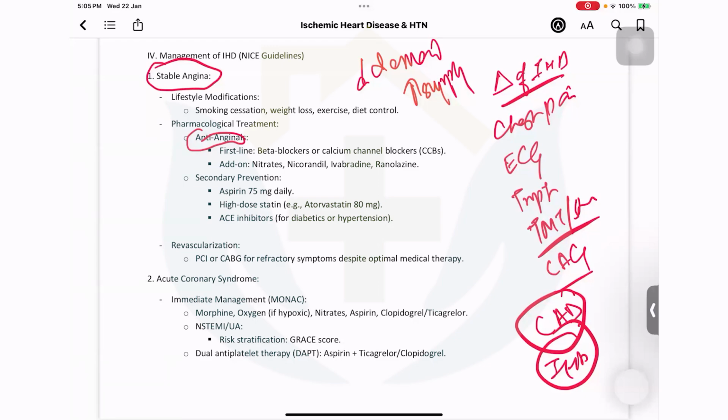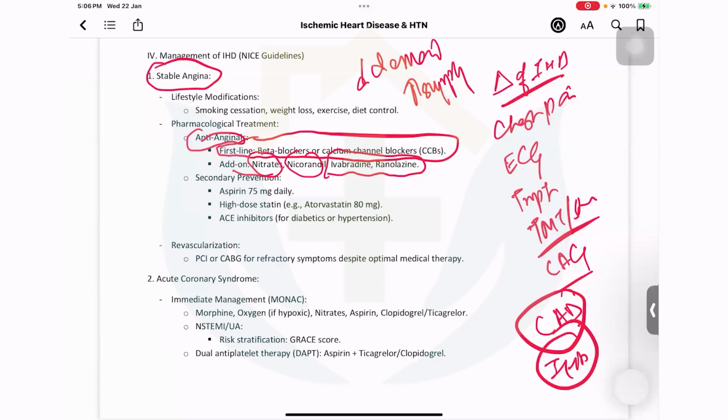So first line drugs are beta blockers and calcium channel blockers, to decrease the heart rate or decrease the force of contraction. Second line drugs are the nitrates, that is vasodilators, nicorandil, and then there are other drugs which are nowadays being projected and indicated for use in angina. They are ivabradine and ranolazine.